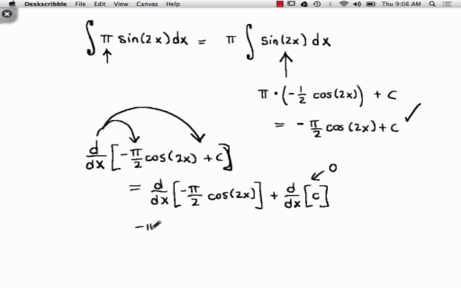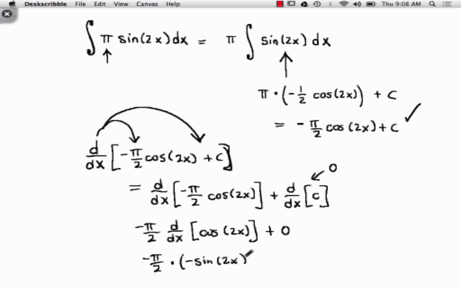So this becomes negative pi over 2 times the derivative of cosine of 2x plus 0. And now it's time to differentiate cosine of 2x. So this is negative pi over 2 times negative sine of 2x times 2. And the 2 divides with this 2. These are both negative, so they become positive. And we're left with pi sine of 2x. And now I know that this is the correct antiderivative because I've used differentiation to verify it.